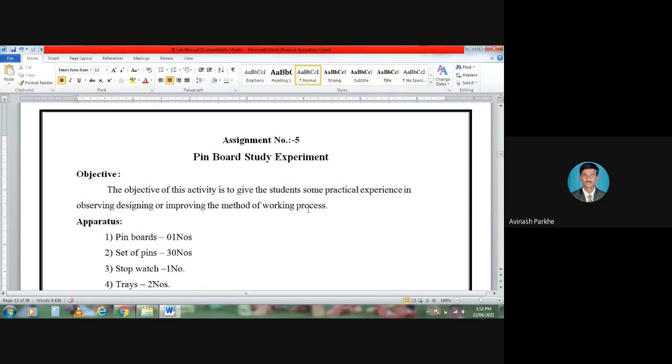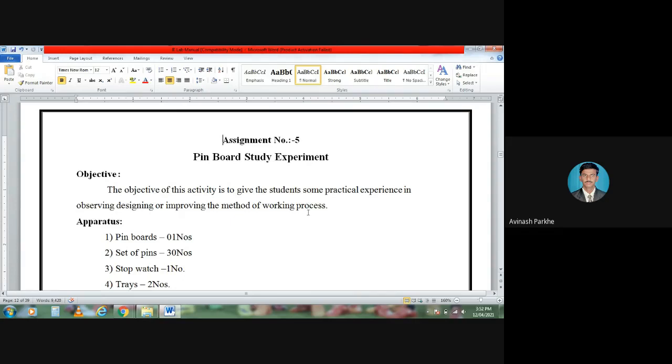In the first method, I am using only a single hand to do that particular work. Maybe I am using the left hand, at that time my right hand is totally stationary. Sometimes I am using the right hand, at that time my left hand is totally stationary. That means if I am working on that particular task by using the right hand only, then from the start point to the end point, the amount of time required I am calculating by using a stopwatch.